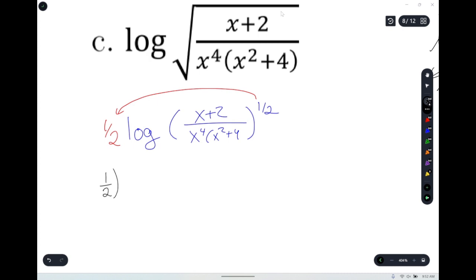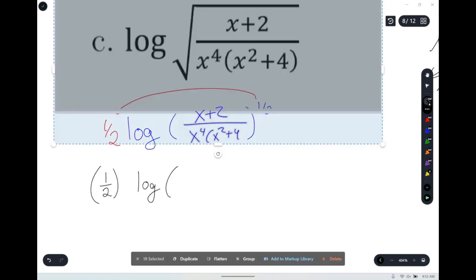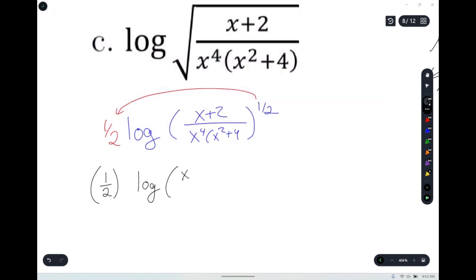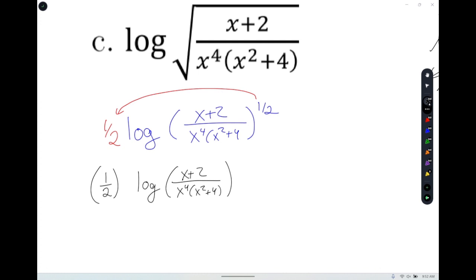We got a 1/2 out front. We got ourselves a log of all this. Square root is the exponent 1/2. Has to be every time.